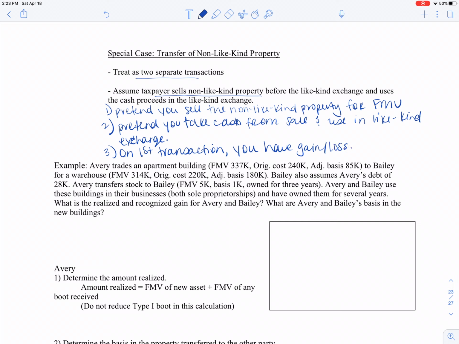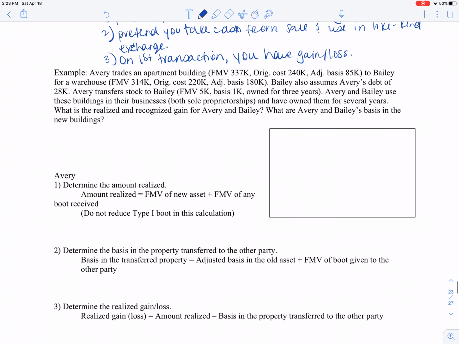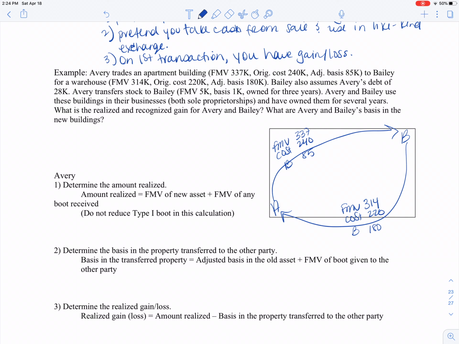All right, so this will make more sense after we take a look at it. So Avery trades an apartment building. So here's Avery, and then we have Bailey. So Avery trades an apartment building, fair market value $337, cost $240, and basis $85, to Bailey for a warehouse, fair market value $314, cost is $220, and basis is $180.